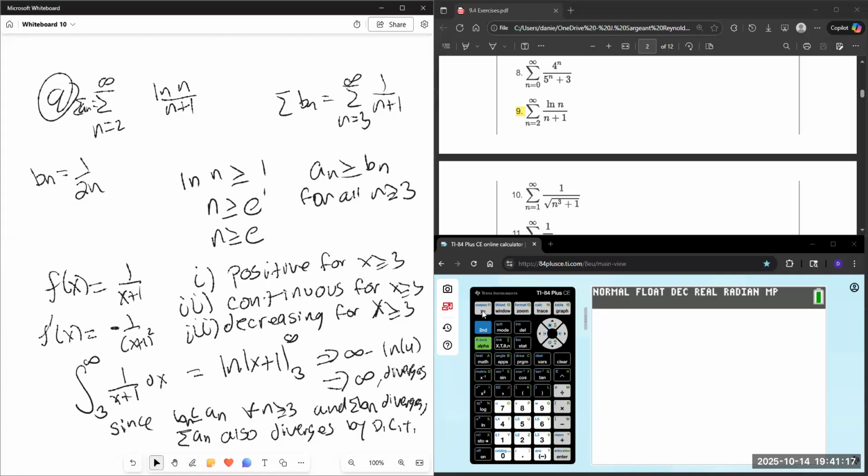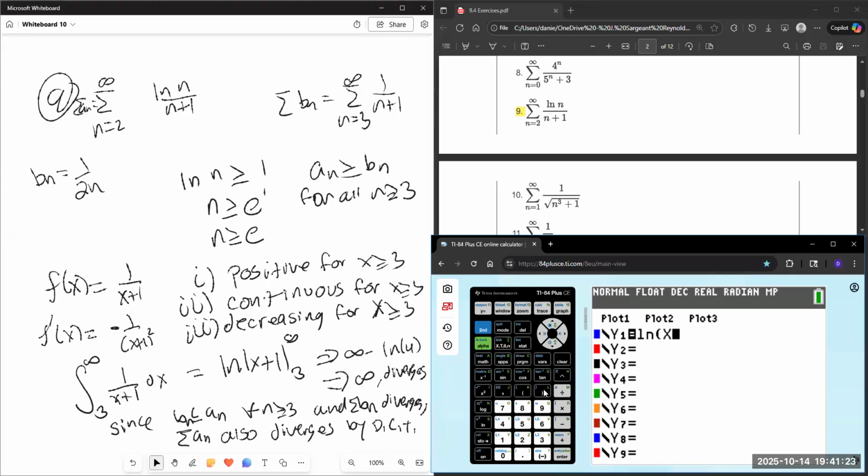So let me show you that right here. If I use ln of x over x plus 1, and I have a Bn here of, let's say, 1 over 2x in the denominator.